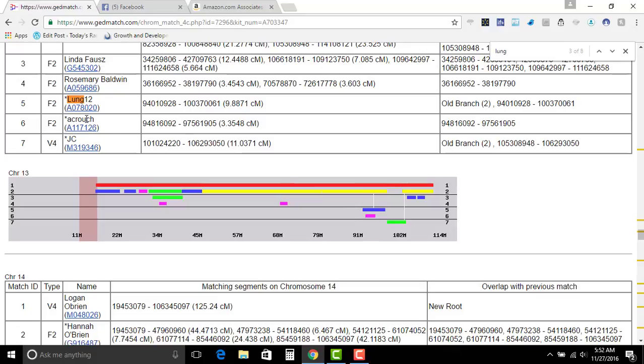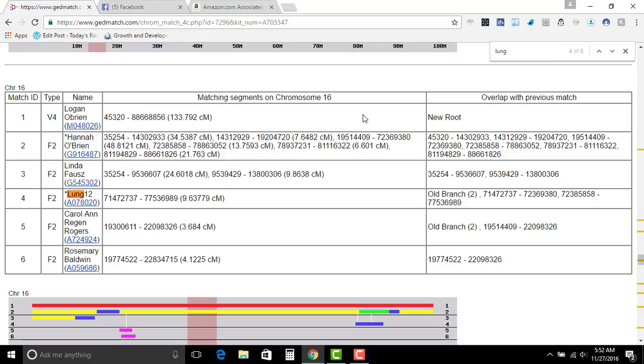Once again, A Crouch matches my aunt and Long, but does not match the other two, at least not in this particular place. So you would have to go and do one to one, which is on the front page.